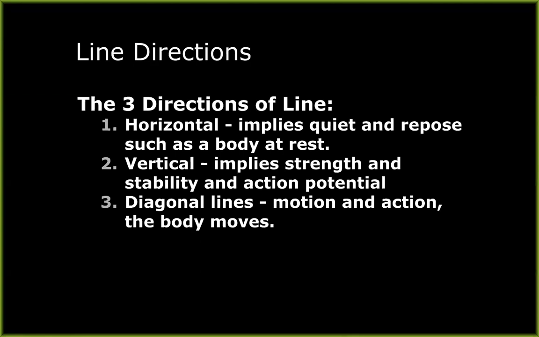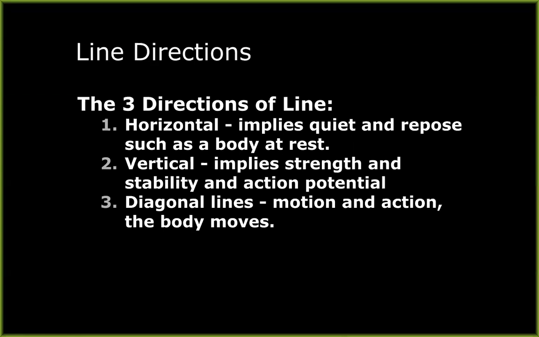When you see horizontal lines, think of maybe a sunset over the ocean, there's a lot of horizontal line activity there with the line of the sand, the line of the waves, and the line of the horizon. That most of the time implies quiet and repose. When you have a lot of vertical lines, like imagine a cityscape, you get more of a feeling of strength and stability.